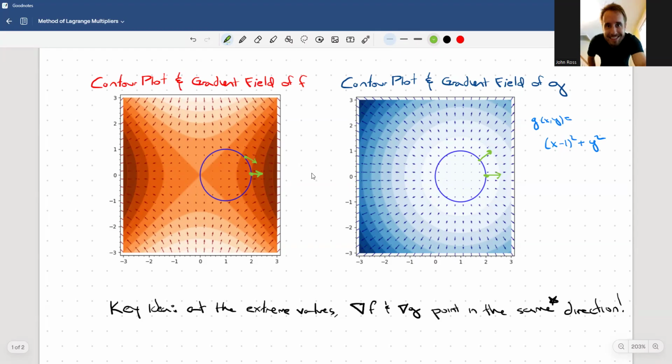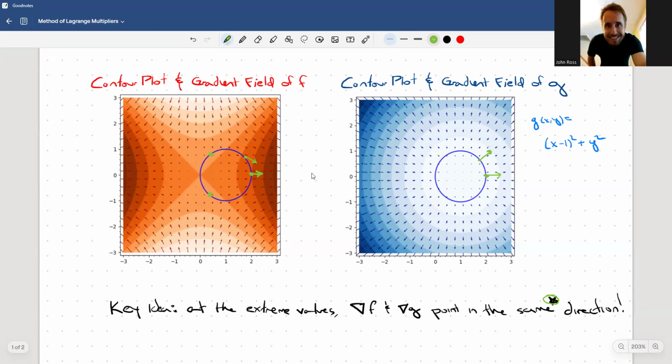Now, you'll notice over here, I have a little asterisk. I need to clarify what I mean when I say same direction, especially when I look at the minimum value. This is something we haven't talked about yet. The minimum value on the circle is going to be somewhere around here, and there's going to be an equivalent point somewhere up here.